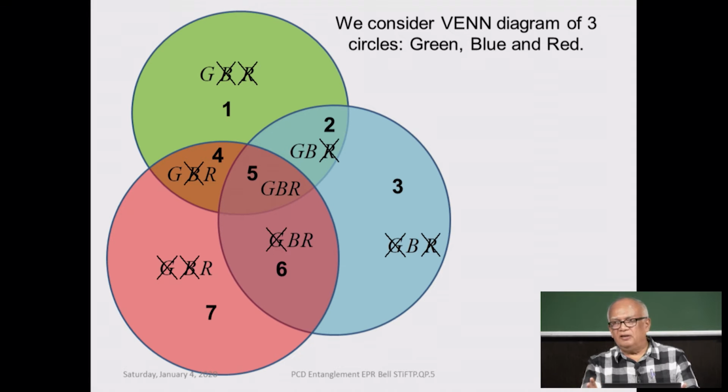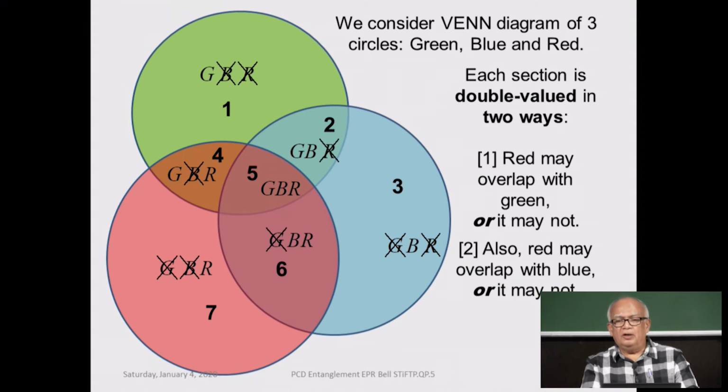You can see there are 3 colors, the green, the blue and the red, right. And there are different parts which overlap with one or the other color, and each has a part which overlaps with the other 2, and each also has a part which does not overlap with the other 2, with one of the other, right.